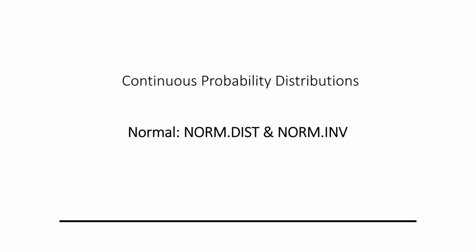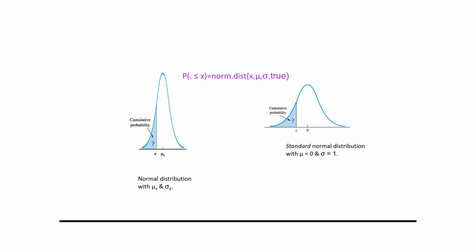Now we want to look at the norm.inv, or inverse, function. The norm.dist function is used to determine cumulative probability for any normal distribution. So x, mu, and sigma, so mean and standard deviation, were known, and the cumulative probability was the unknown. The norm.inv function returns the inverse of the normal cumulative distribution for a specified mean and standard deviation.